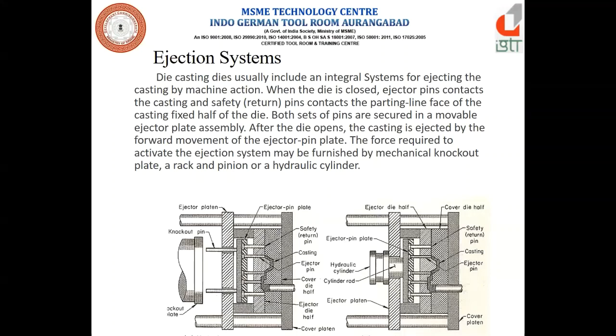The ejection system is shown here on the screen. Die casting dies usually include an integral system of ejection. When the die is closed, ejector pins contact the casting and safety pins contact the parting line face of the casting of the fixed half.